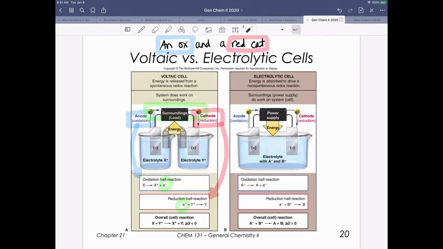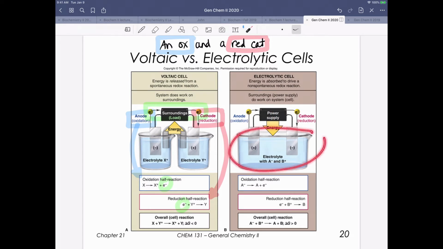By passing the electrons through a wire, we are able to harness the energy of those electrons and do work. That's different in an electrolytic cell. If we're going to do chemistry in an electrolytic cell, we actually need to supply power in to have this process happen.